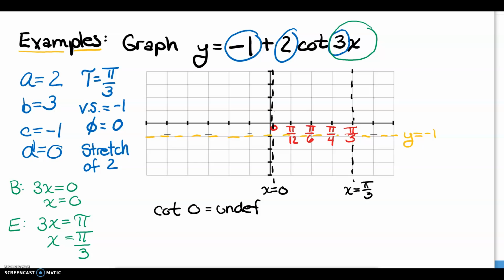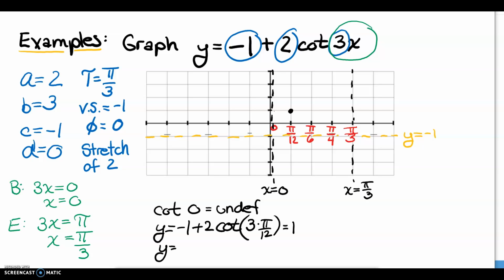Now let's see, y equals -1 plus 2 times the cotangent of 3 times pi over 12. Well, that's going to give us pi over 4. Cotangent of pi over 4 is 1. So when I do this calculation, I get 2 minus 1 is 1. So at pi over 12, I'm going to plot that point.